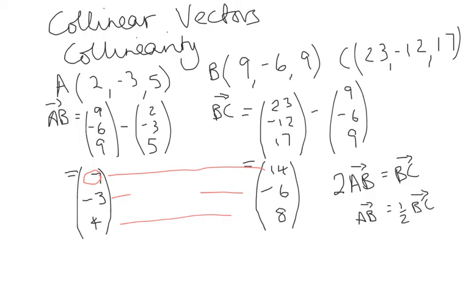Write either of these. Then you say, therefore, putting 3 dots for therefore, AB is parallel to BC, and B is a common point.